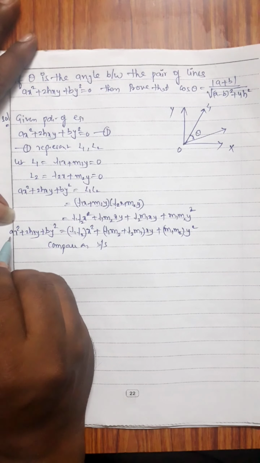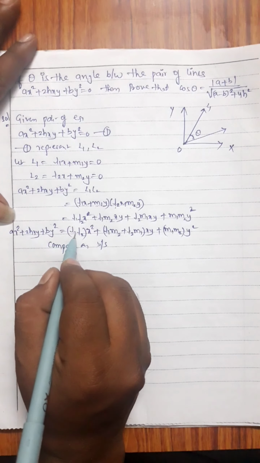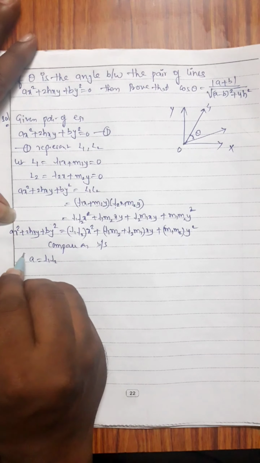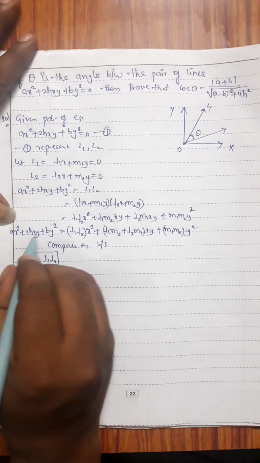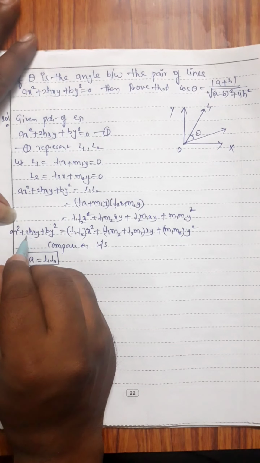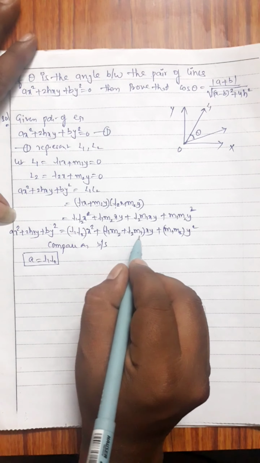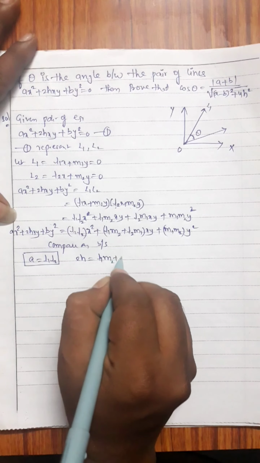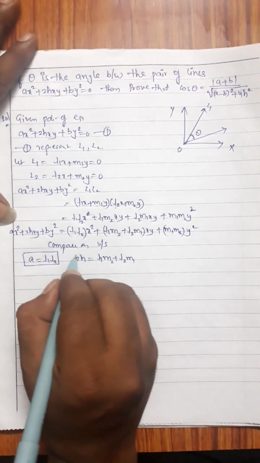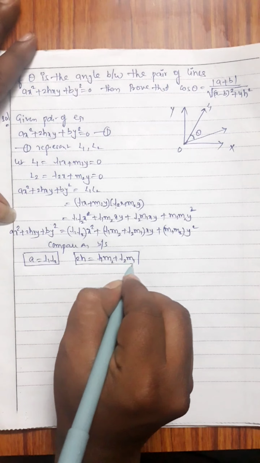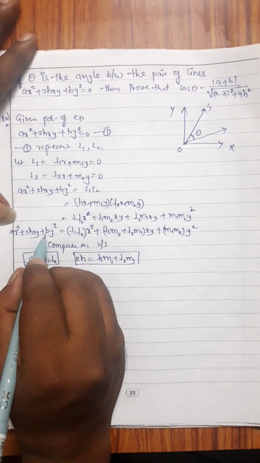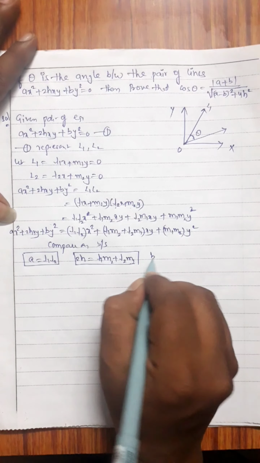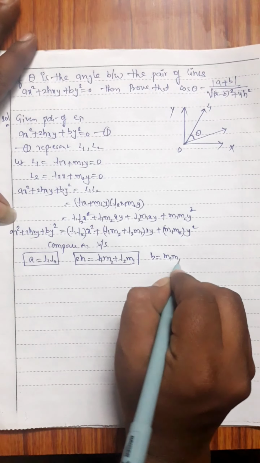The coefficient of x square is a on one side and l1 l2 on the other, therefore a is equal to l1 l2. Comparing the xy terms, 2h is equal to l1 m2 plus l2 m1. And finally, equating the coefficient of y square, b is equal to m1 m2.